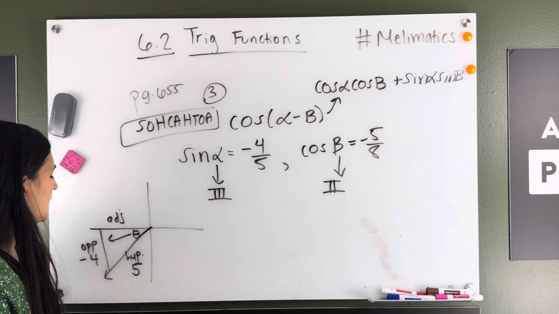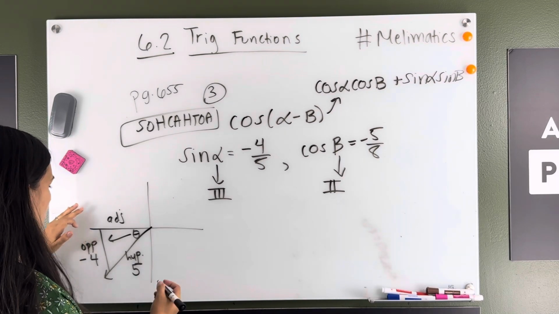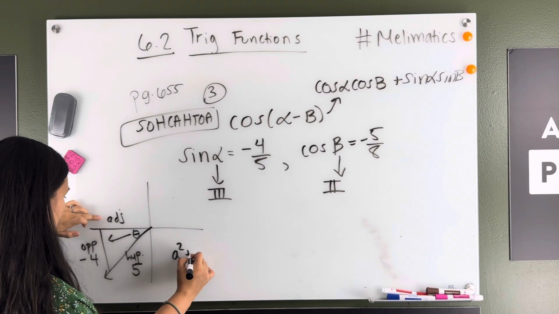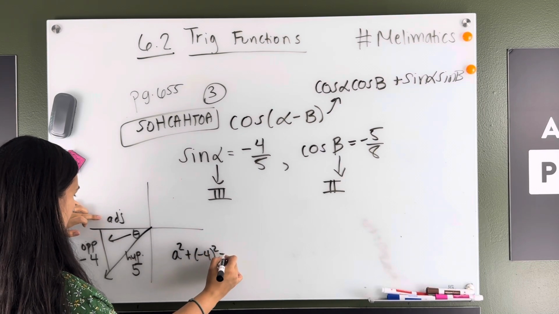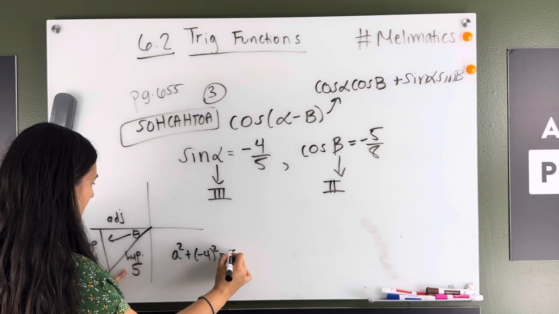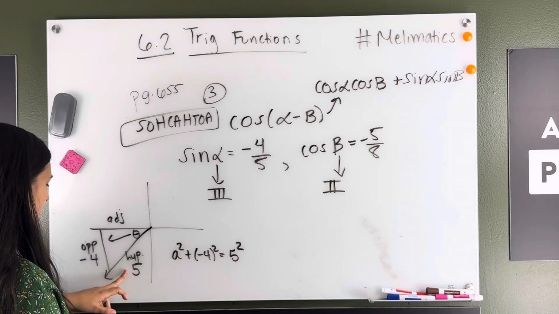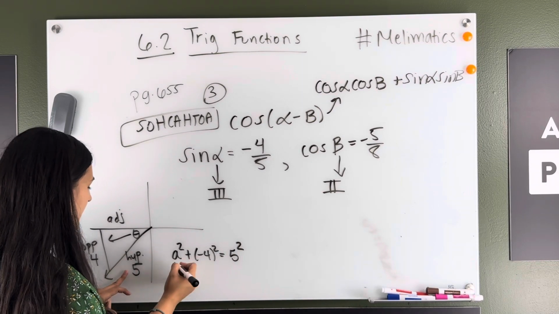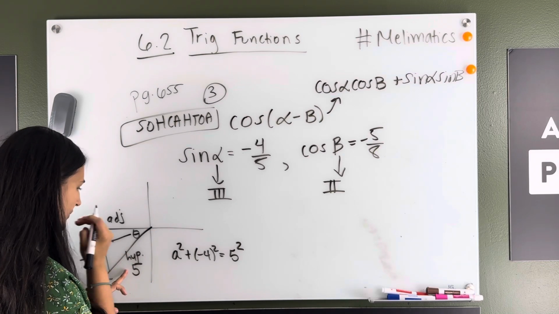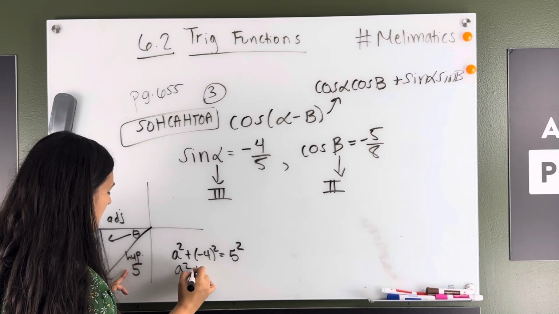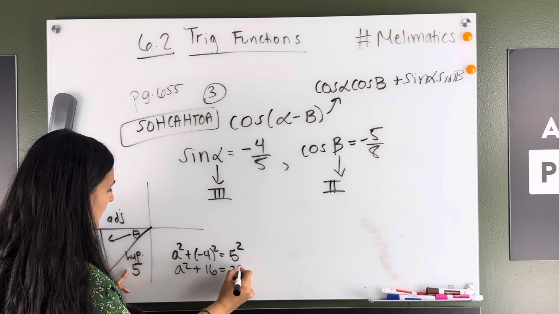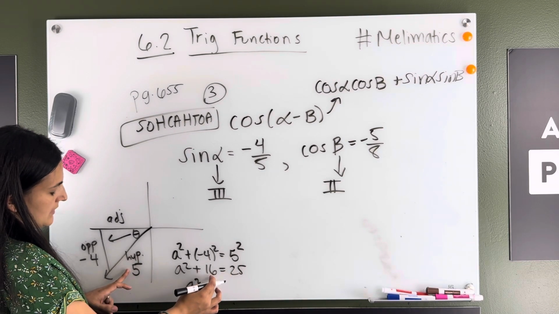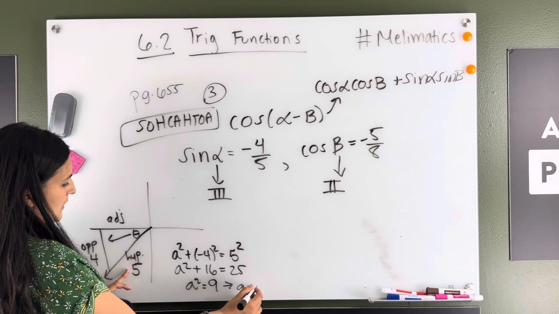Now we find the adjacent side using the Pythagorean theorem: one leg squared plus the other leg squared equals the hypotenuse squared. You probably already know it's 3 because of the 3, 4, 5 special triangle, but either way, let's do it. A squared plus 16 equals 25, so A squared equals 25 minus 16, which is 9, so A is 3.